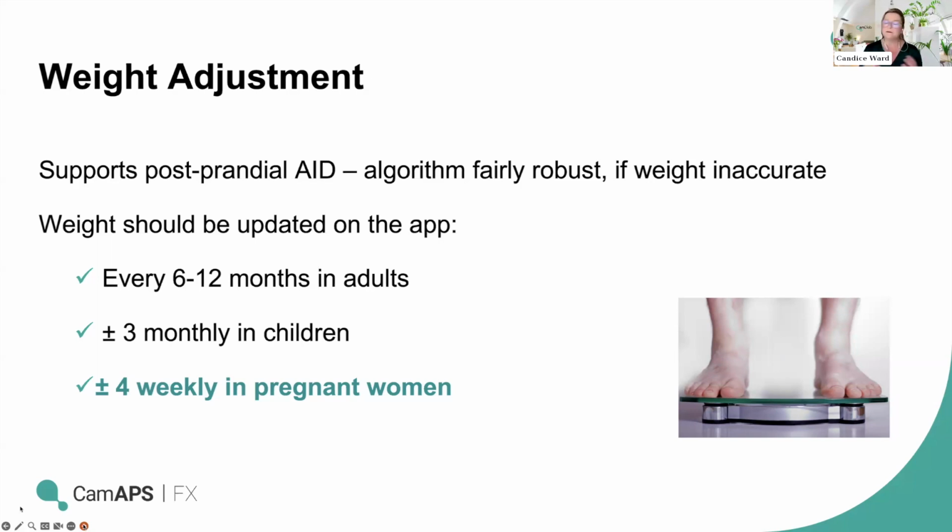Outside pregnancy, it's adapted every 6 to 12 months for adults or every 3 months in children. But we would recommend that the weight is updated every time the woman is seen, so around every 4 weeks, just so that the algorithm has the best chance of getting that postprandial glucose target.